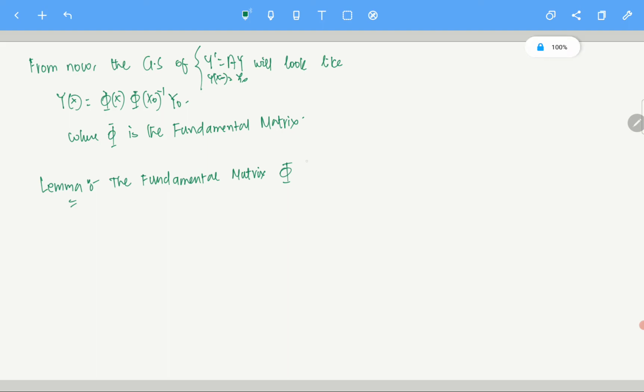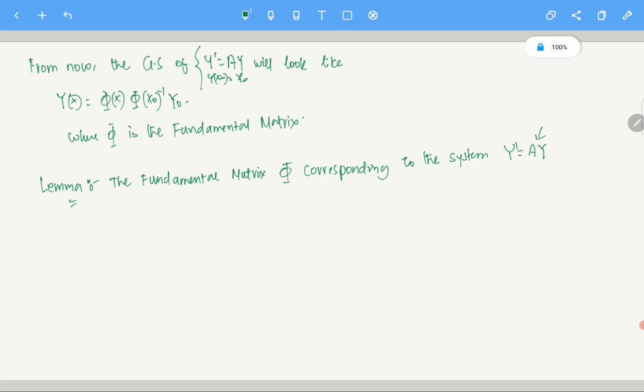So let me write it, corresponding to the system y prime equals to Ay. Some authors in some books write it as the fundamental matrix corresponding to the matrix A. If it is written like that, it is assumed that this equation is characterized by this matrix A. So essentially you can just write it's a fundamental matrix corresponding to the matrix A. Some authors do that. But for now we are just looking at the system of ODE like that.